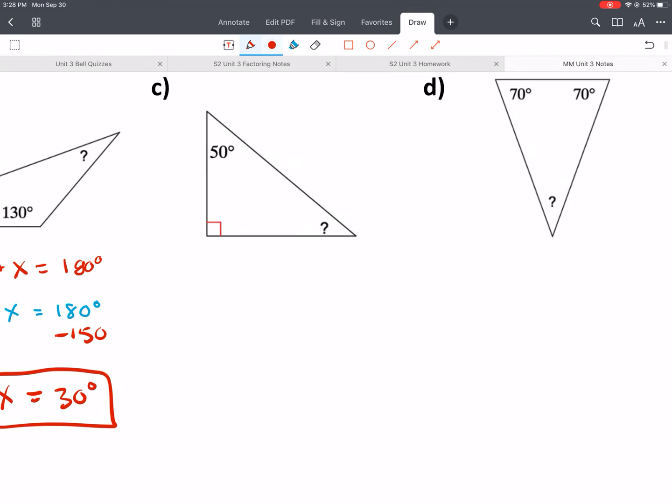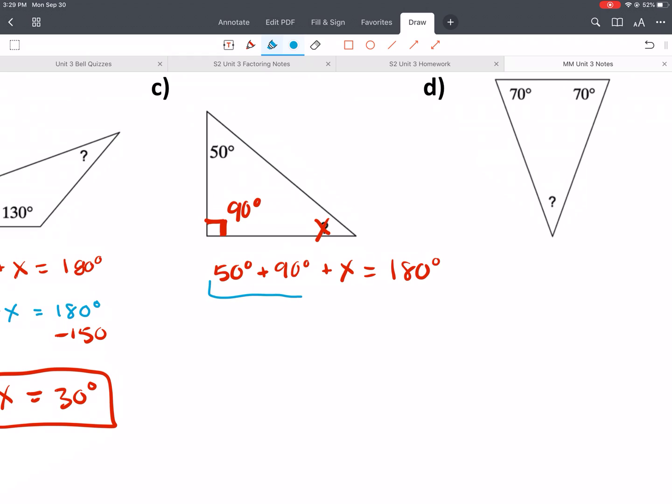C, same thing, we would do 50 degrees. Remember, if we have this little box in the corner, that tells us it's a 90 degree angle. So we'll add that 90 degrees, and we'll add x. We'll have this question mark be x. And that will all add up to give us 180 degrees.